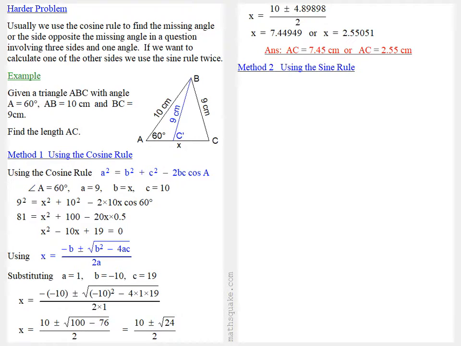Now the other method would be to use the sine rule, but if we do this we have to use the sine rule twice. First of all we have to calculate the angle C, and then using the angles in a triangle that add up to 180 we can find the angle B, and from that we can calculate the side AC or X. So to find the angle C, we'll have, using the sine rule, side C is 10, angle A is 60, and side A is 9.